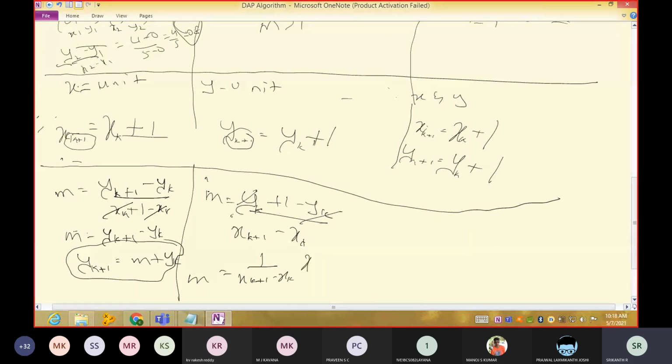So here we have x of k plus 1 is equal to xk plus 1 by m. So here x of k plus 1 is equal to x of k plus 1. y of k plus 1 is equal to y of k plus 1.